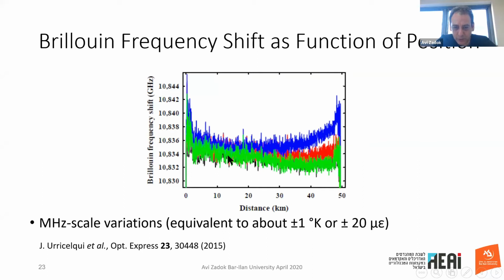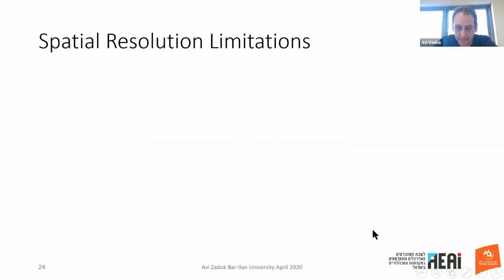The sorts of noise we're getting in these curves, these sudden jumps, represent, I suspect, measurement noise rather than true physical variations. So you can see that these are on a megahertz scale. And what does this mean? A megahertz error corresponds to a degree Kelvin, or 20 parts per million of elongation in the fiber.